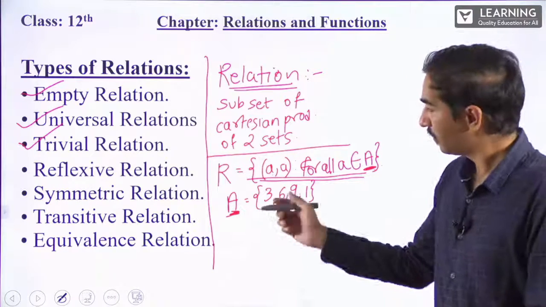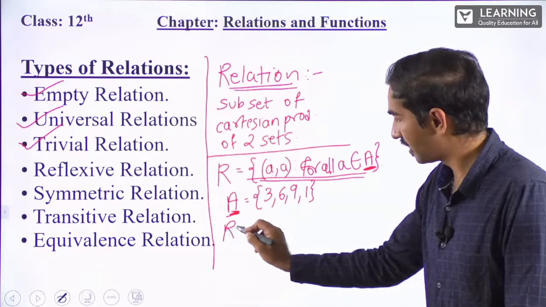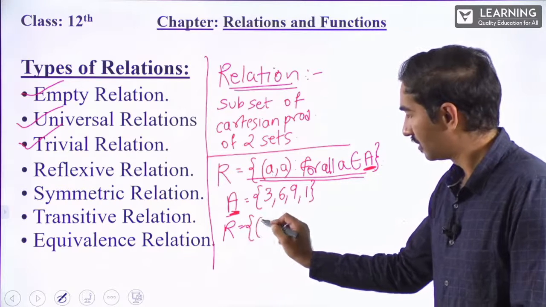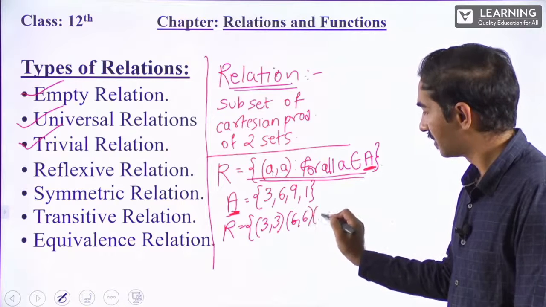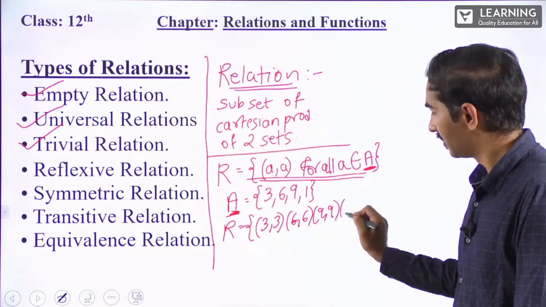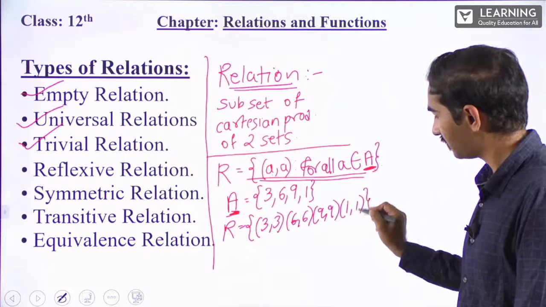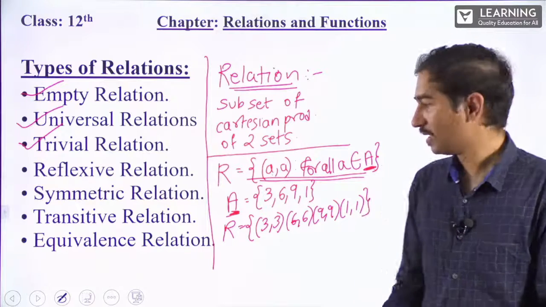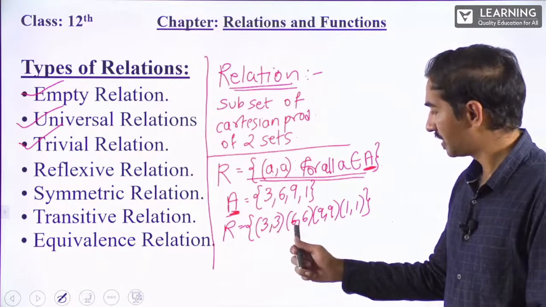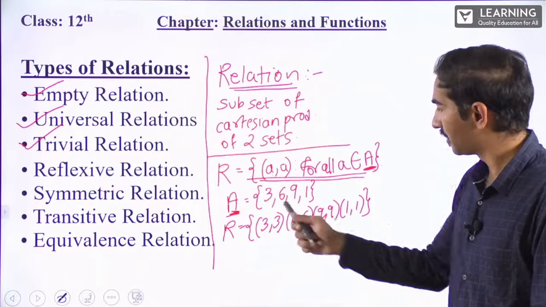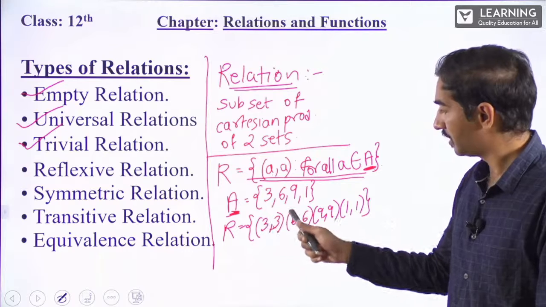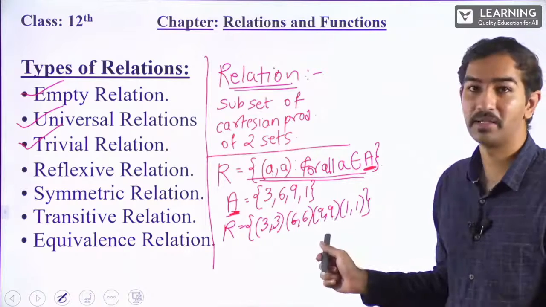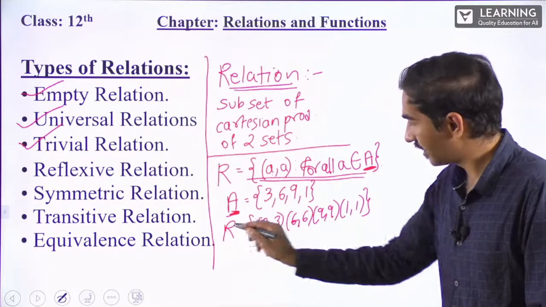This is set A. Now the relation R is defined as R equals {(3, 3), (6, 6), (9, 9), (1, 1)}. Four elements are there, and for all four of them we have 3,3, 6,6, 9,9, 1,1. Is this reflexive? The answer is yes.